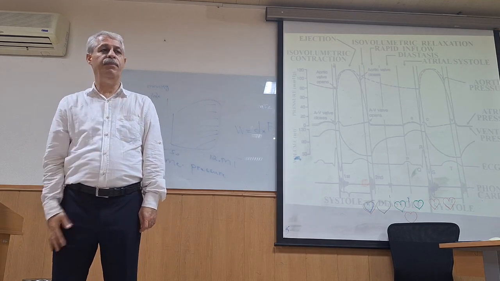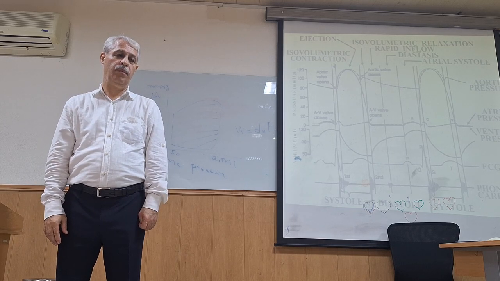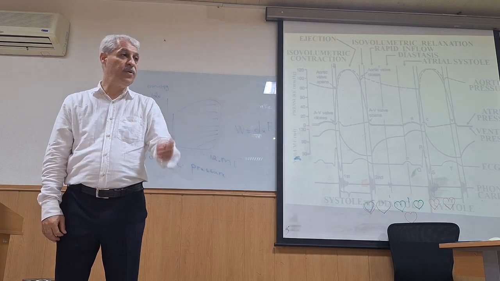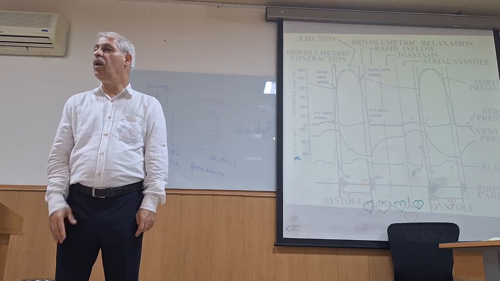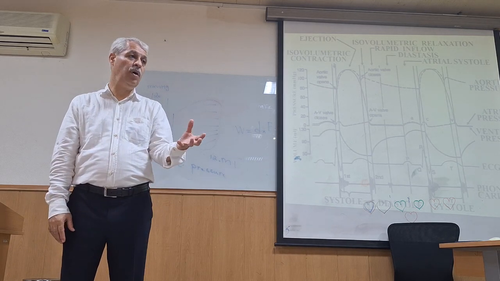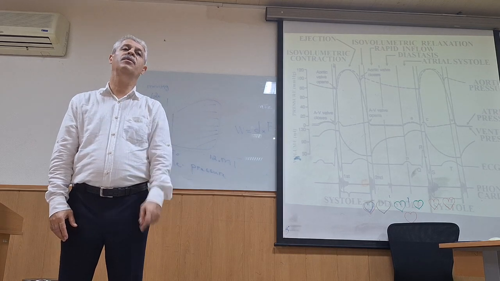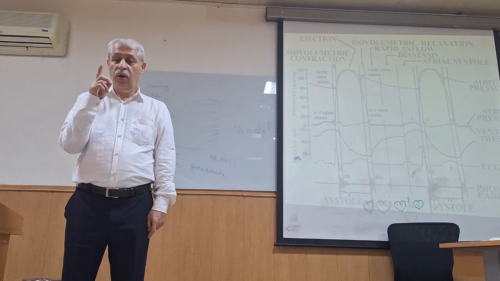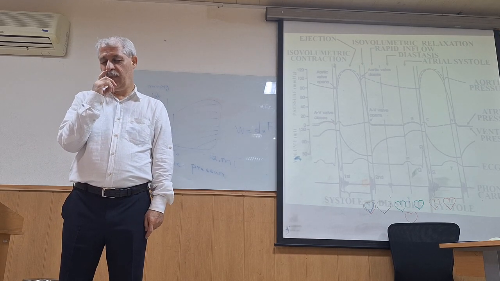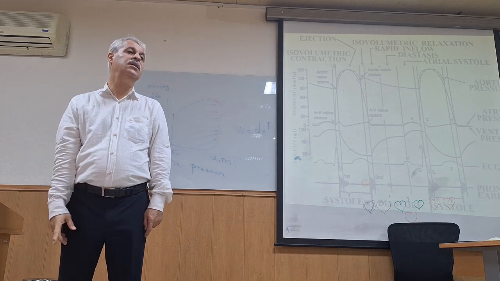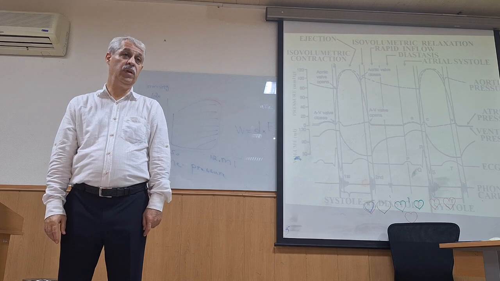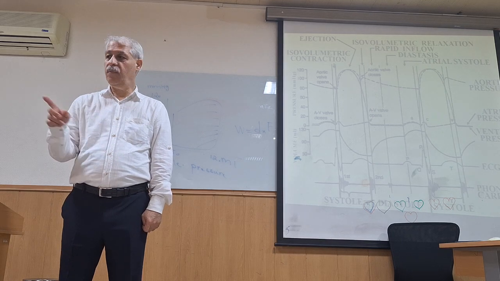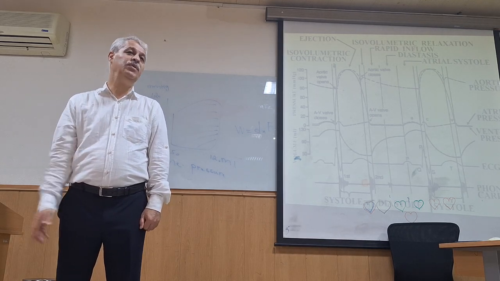Most of the energy in the heart is coming from fatty acids. 70 up to 90% of the total energy is coming from fatty acids, which combine with oxygen in mitochondria by oxidative phosphorylation to produce energy.